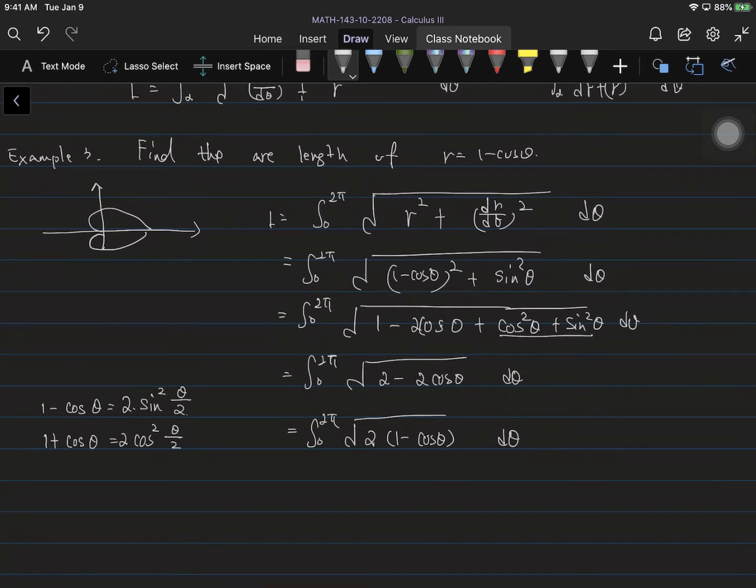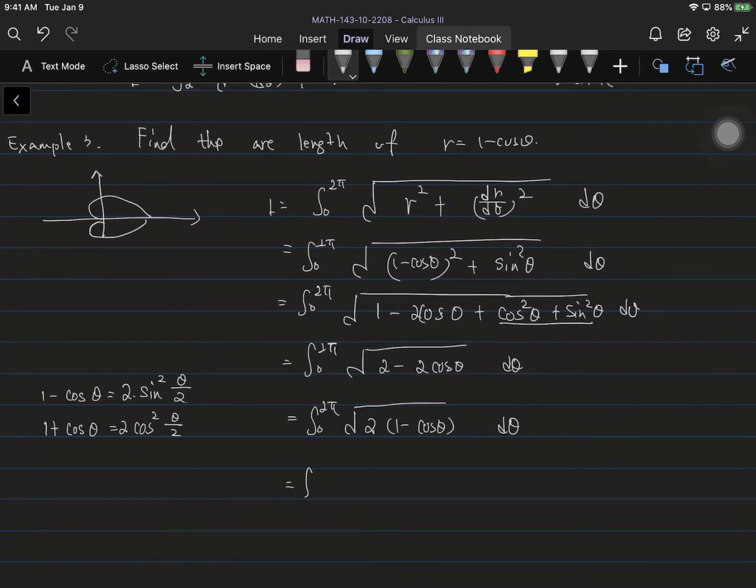Let's see, from 0 to 2 pi, the square root of 2 times 2 sine squared (theta over 2) d theta. The 2 and the 2 give 4, and we can take out the square root, which is 2, and sine (theta over 2), from 0 to 2 pi d theta.